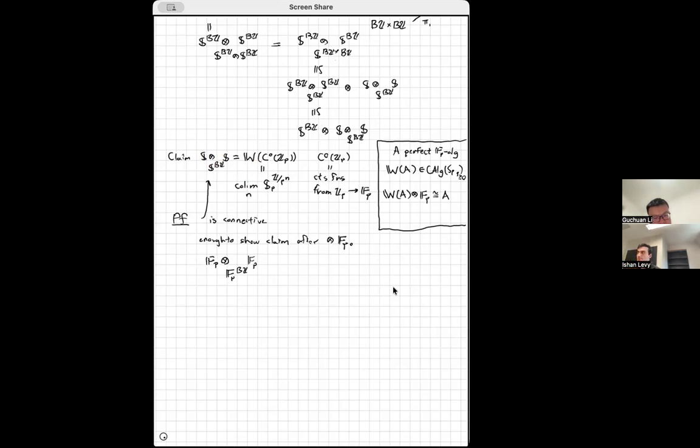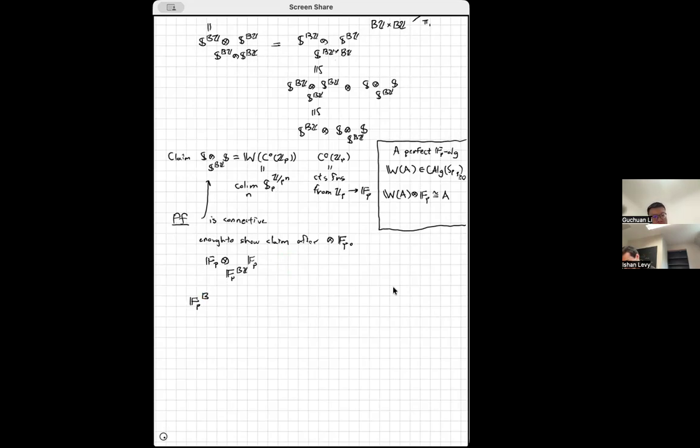Okay, and let's think about this. So this is the cohomology of a circle. And you can write BZ in the following way. The thing to observe is that the cohomology of the circle is in fact the filtered colimit of the cohomologies of the cyclic groups of order p to the n. I claim that this is just a fact about group cohomology.